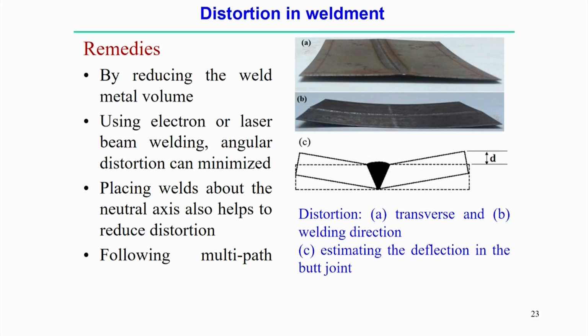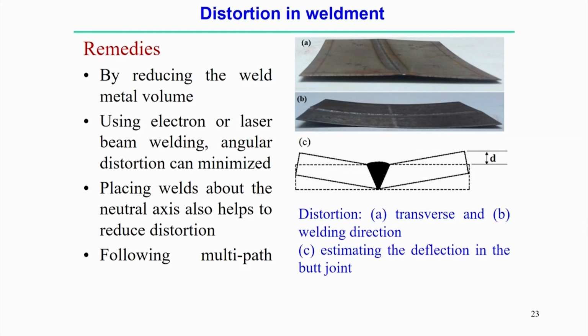But as a simplified way, we can measure only the angular distortion. With respect to the initial position, after the butt welding the distortion of the plate can be measured in terms of D, as shown in the figure. So, this is the way to measure the distortion. But in what way can we reduce it?